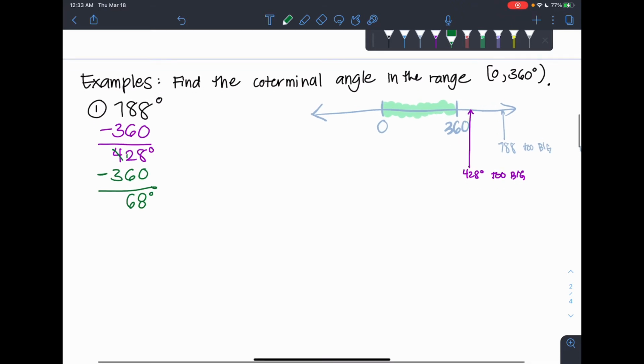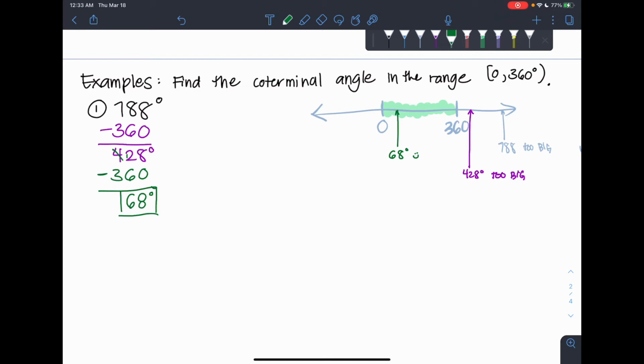Okay, so 68 degrees indeed lands within our range. And that tells us we're done. So we say 788 degrees is coterminal to 68 degrees.